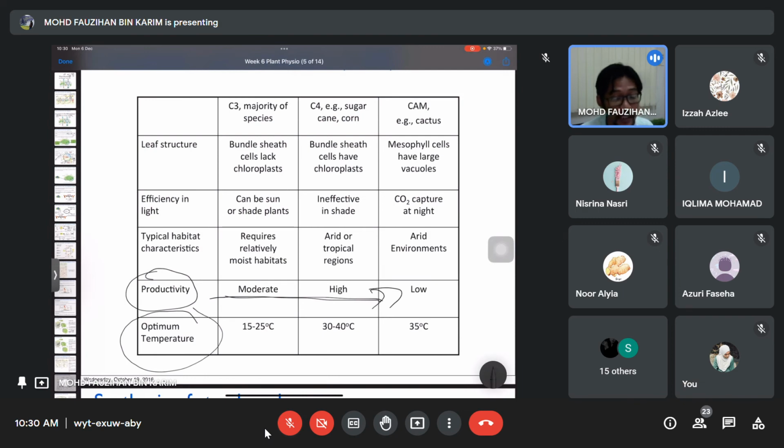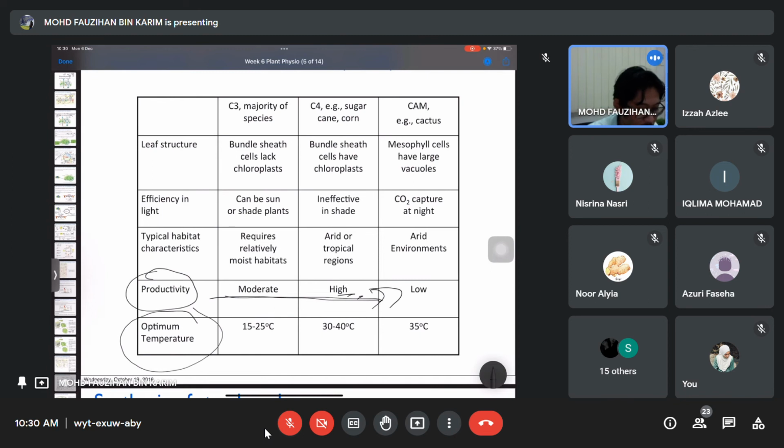Desert soil structure is not very good, soil chemistry is not very good, the mineral contents are also not very good, right? Of course, the production is very low. So C3 is moderate, C4 is high because of the system that I've just told you, right?